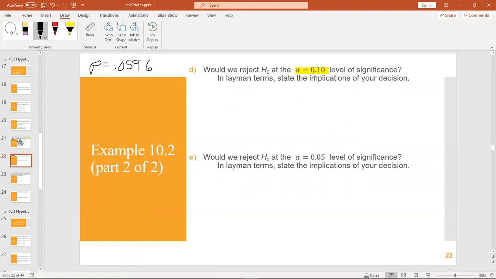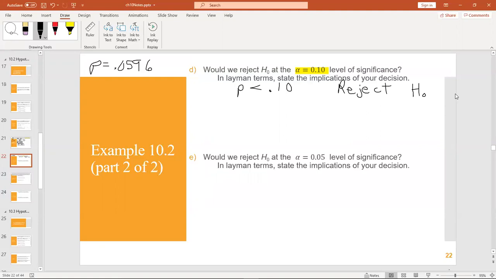So P is less than 0.10. So guess what? In this case, you would reject H0. If P is low, reject H0. Which is another way of saying you were kind of sort of successful in what you were wanting to do, which seems kind of weird because normally we think rejection is a bad thing.